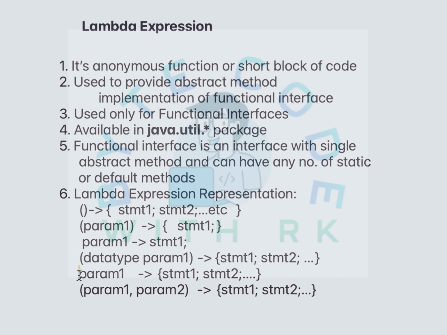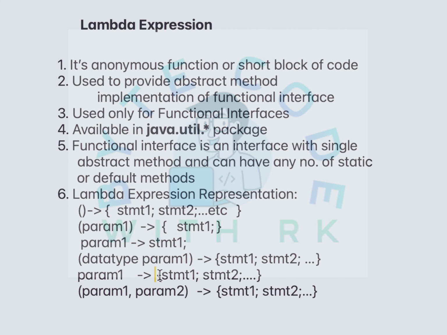That's why I have written param1 as a single parameter without parentheses, followed by a couple of statements. Here you see a single parameter and a single statement without parentheses and curly braces, and a single parameter with multiple statements, that's why I have written curly braces.